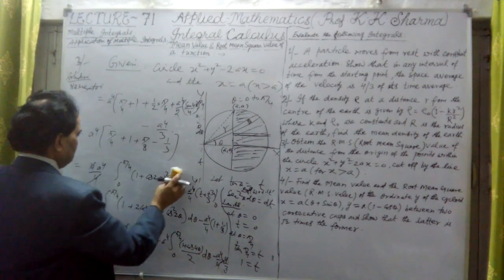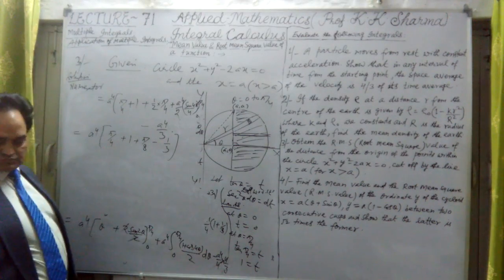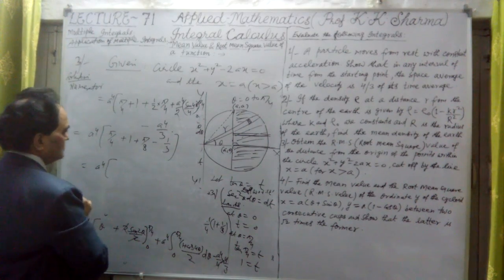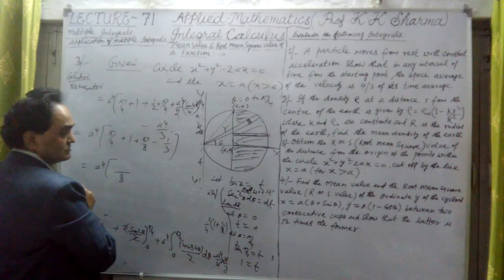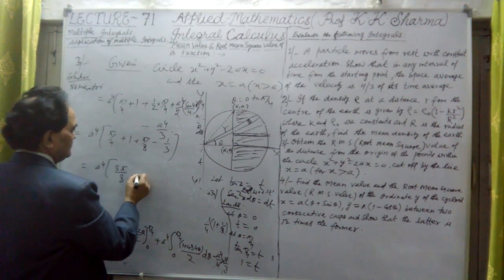Now let me see what this whole value is. This whole value will give us a^4. This is pi by 8. So if I take LCM 8, it will be 2 pi plus pi, meaning 3 pi by 8.